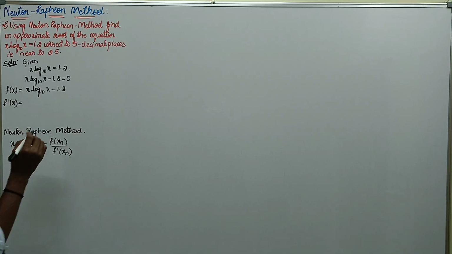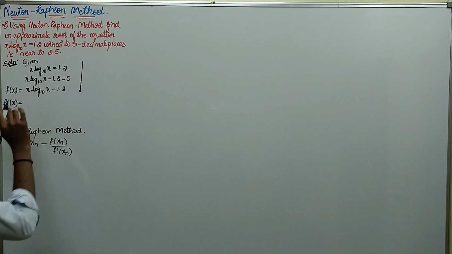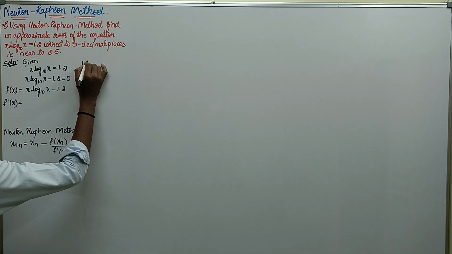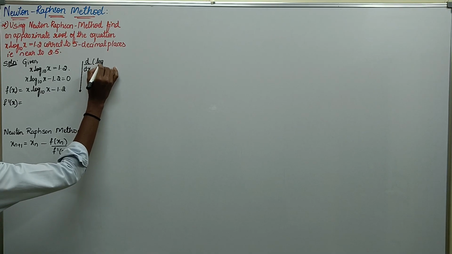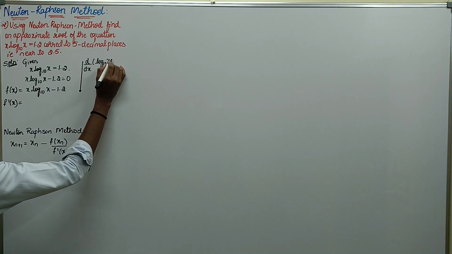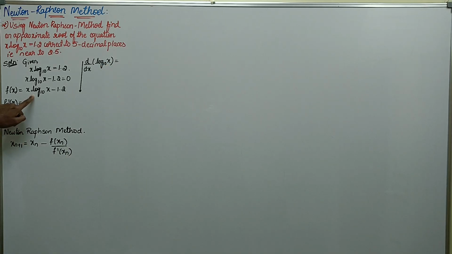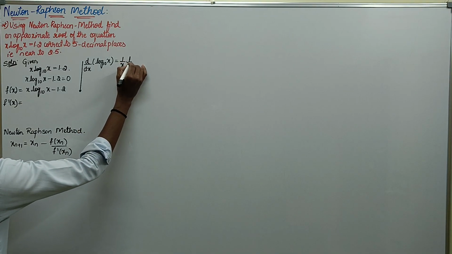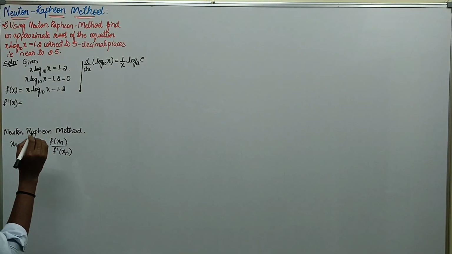To represent this, I am going to simplify it. Since it is of the form UV rule, x log base 10 x, log base 10 x I can represent as 1 by x log a into e. Why am I going to represent it so?